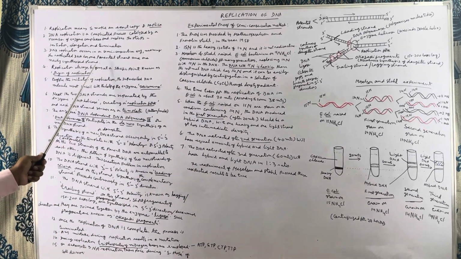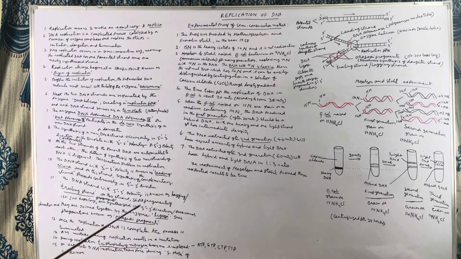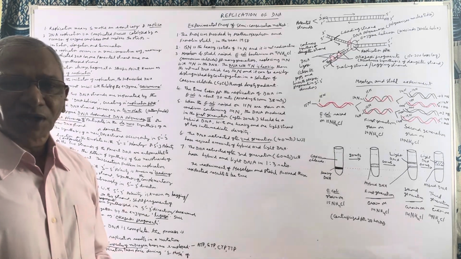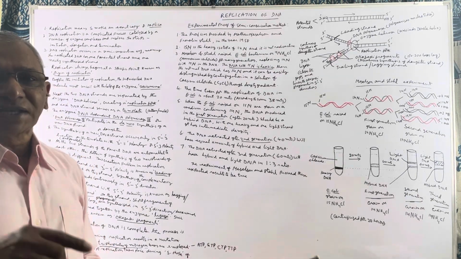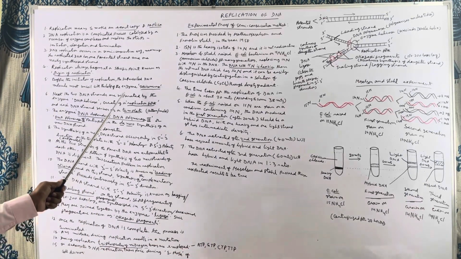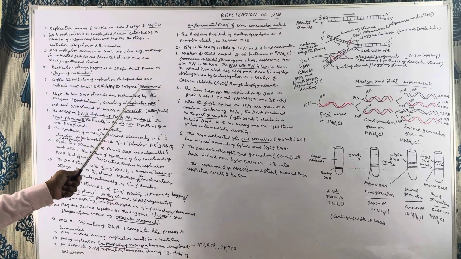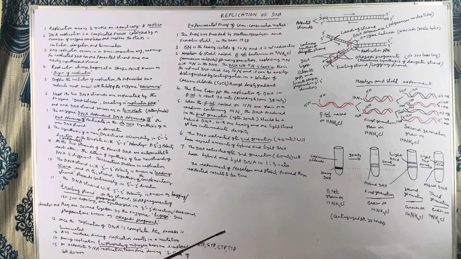So replication always begins at a specific point known as origin of replication. Before replication begins, as I have told you, the coiled DNA has to uncoil. Of course, here the enzyme topoisomerase helps in uncoiling the DNA.